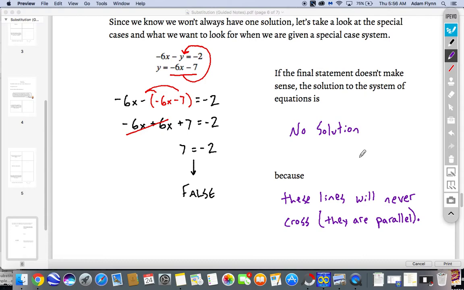Okay, so in fact, if you were to take this top equation and try to put it into slope-intercept form, so get the y by itself, you would have two lines that have the same exact slope. And when two lines have the same exact slope, as we saw when we graphed systems of linear equations, we could tell that they were parallel, they were never going to cross. Our solution was going to be no solution.